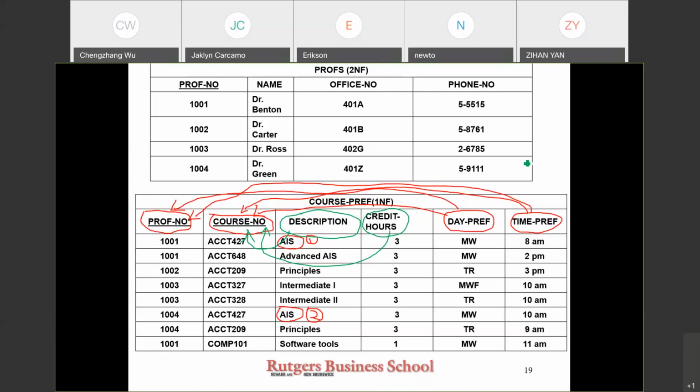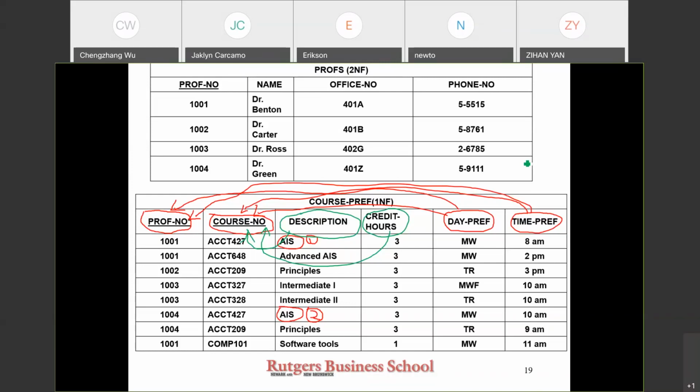So we can say that this table is in the second normal form. Well, let's see how to resolve the problems in the second table.